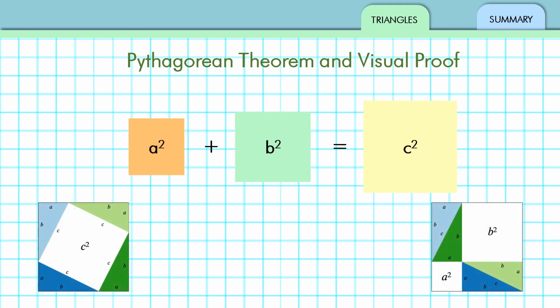The formula for this is defined by the renowned Pythagorean Theorem, which is A squared plus B squared equals C squared, where C is the longest side of the triangle, or the hypotenuse, and A and B are the other 2 sides.